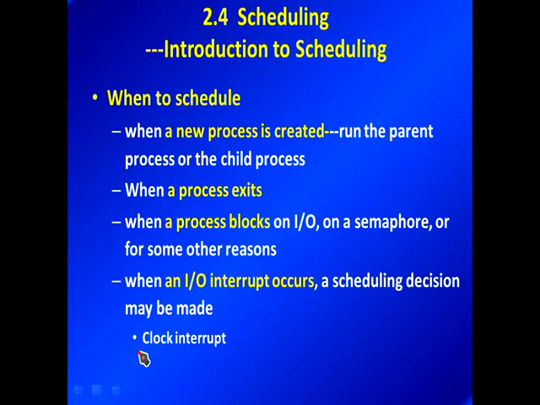Whenever the interrupt signal is emitted to the CPU, it needs to handle this interrupt if the interrupt is not disabled. If the CPU needs to handle this interrupt, maybe this interrupt will require the CPU to call the scheduler to choose another process. The typical example is this clock interrupt.